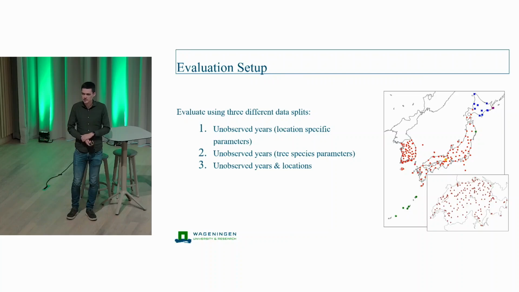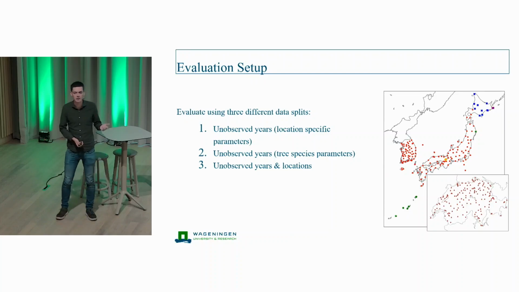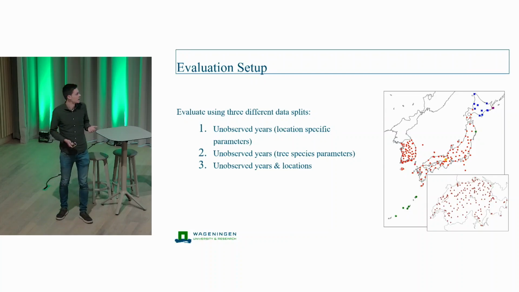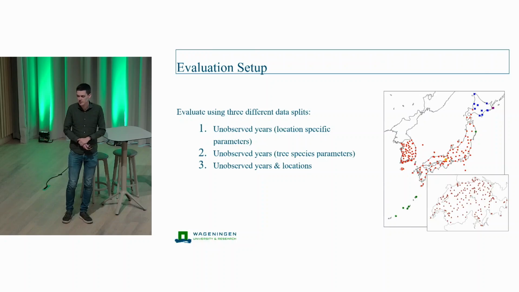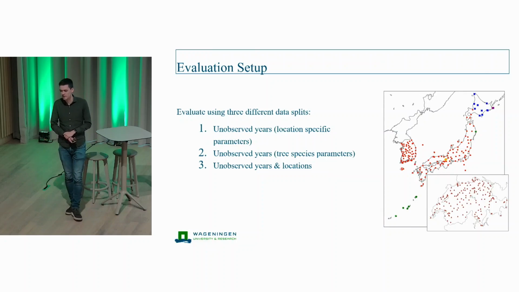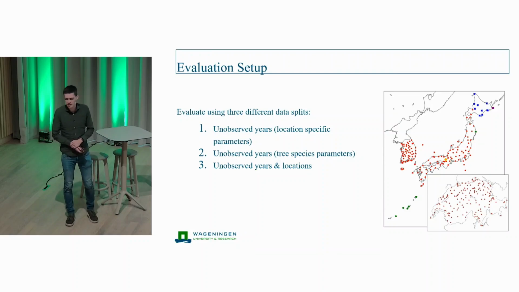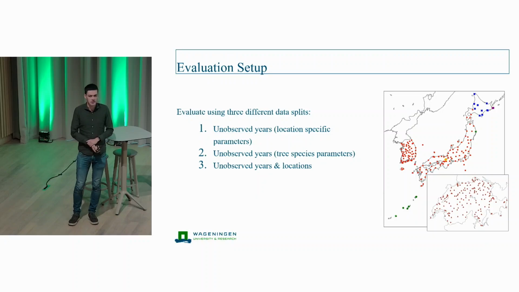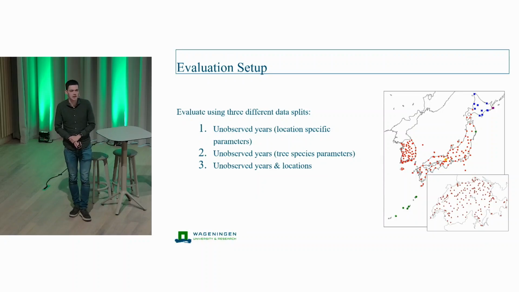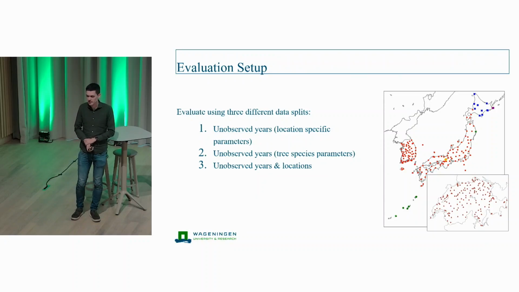But in the second and third setting, we asked ourselves to what extent you really need to fit these models per location, and can we instead fit these models per tree species? And then in the third setting, we try to evaluate these parameters in held-out locations.